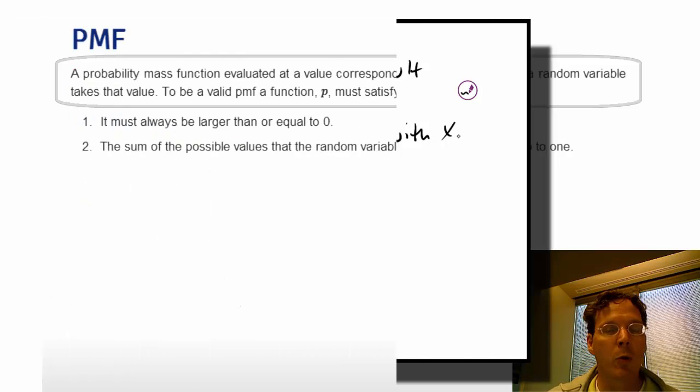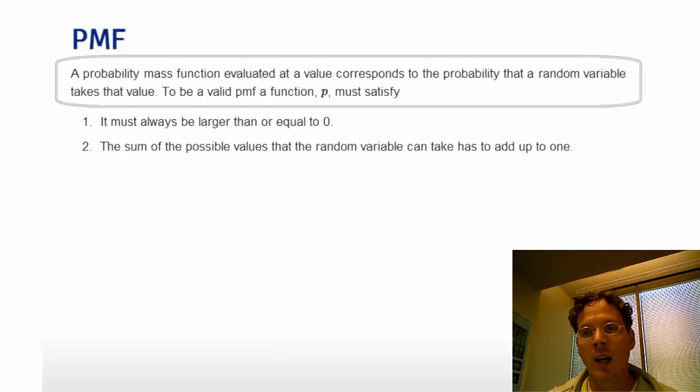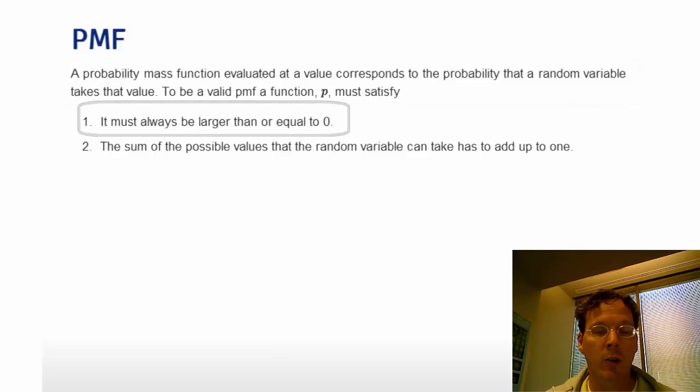But you can come up with rules that a PMF must satisfy in order to then satisfy the basic rules of probability that we outlined at the beginning of the class. First, it must always be larger than or equal to 0, because we've already seen that a probability has to be a number between 0 and 1, inclusive. But then also the sum of the possible values that the random variable can take has to add up to 1.